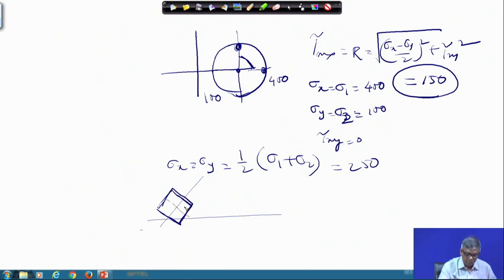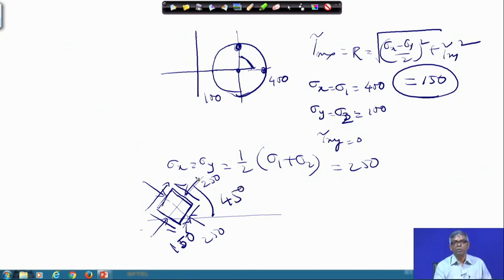So, this is the plane, and both normal stresses, sigma x and sigma y, will be equal, that is 250, this is also 250, and the shear stress will be maximum this way, and that is your 150 which we have calculated. And this angle is 45 degrees. So, this is the orientation of the plane where you are getting maximum shear stress.